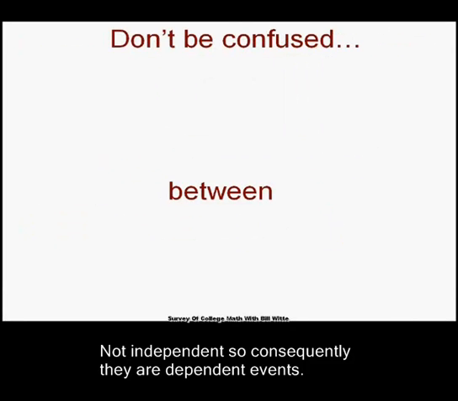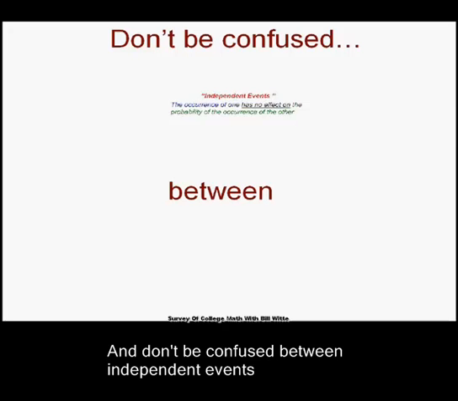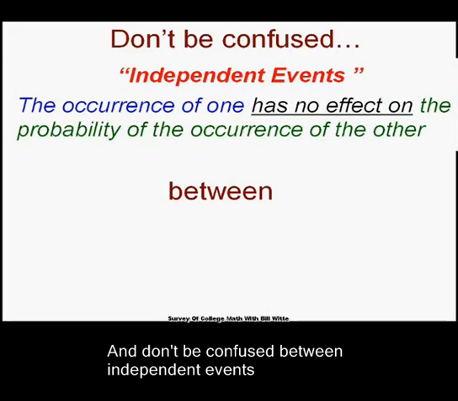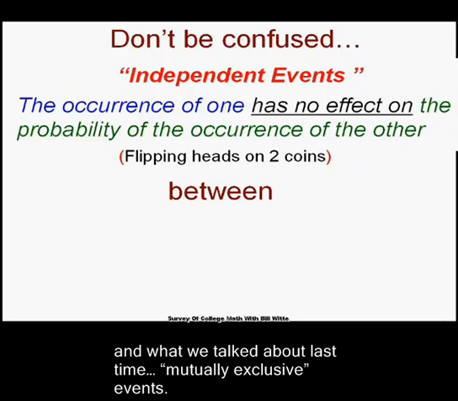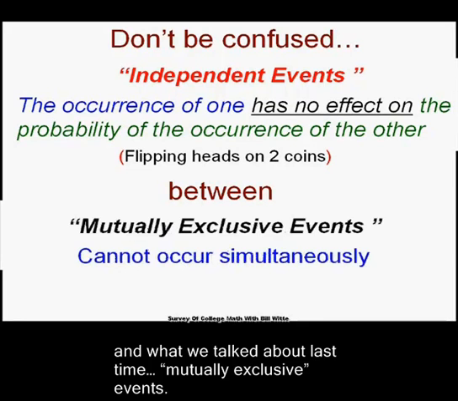Warning, warning, warning. Now don't be confused between independent events, the ones whose occurrence has no effect on the probability of the occurrence of the other, like flipping heads on 2 coins. Coins have no effect on each other, okay? Don't be confused between that and what we talked about last time, mutually exclusive events.